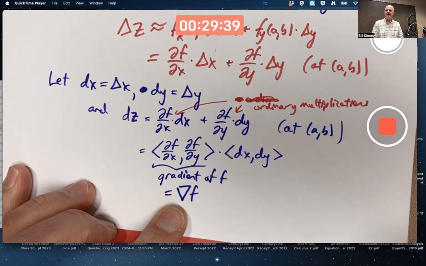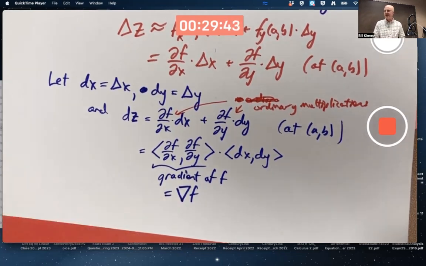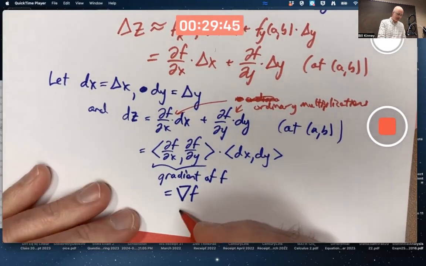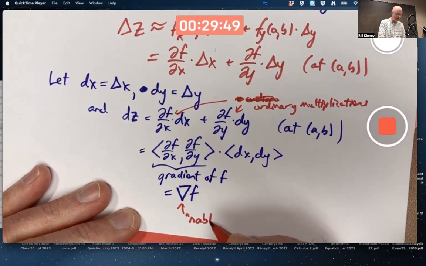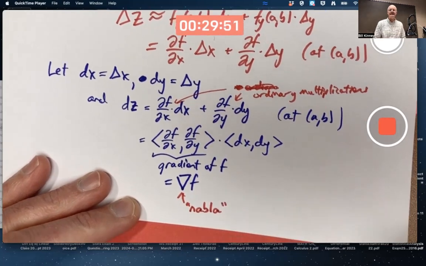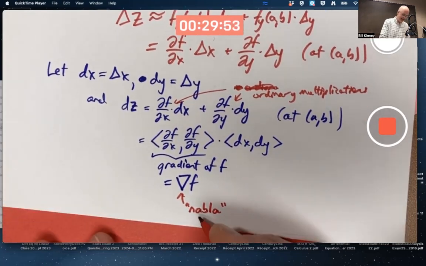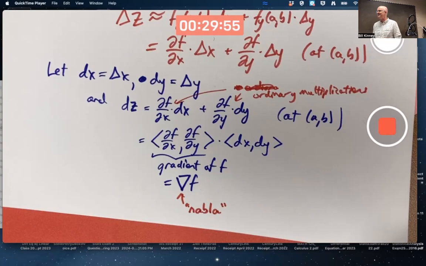Is that an upside down delta or is it an upside down triangle? Actually, the official name is neither. The official name for this thing is nabla, and I love that word. Nabla is the official name for that upside down delta. It's not a Greek letter. It's evidently a Hebrew letter, or Hebrew symbol at least.